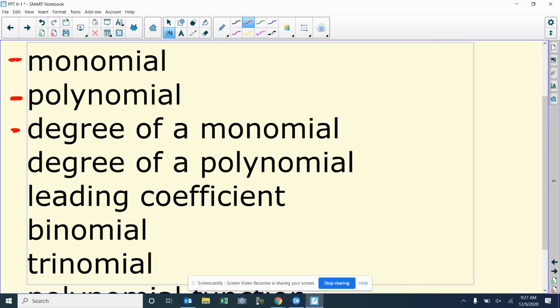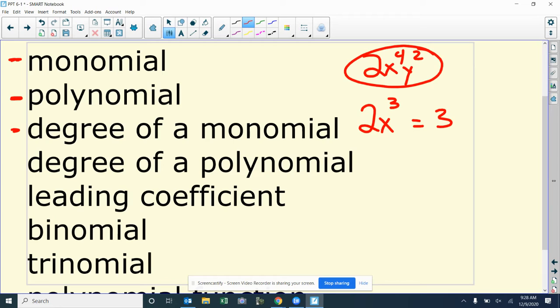So a monomial might look like this, of course. 2x to the third. So what is the degree there? The degree is 3 because that is the highest power. Now, we could have something like 2x to the fourth, y to the second. Still a monomial. In this case, the degree would be 6 because we need to add 4 and 2 together.